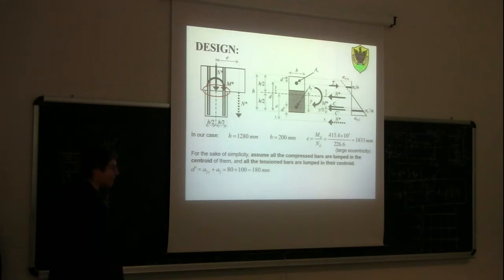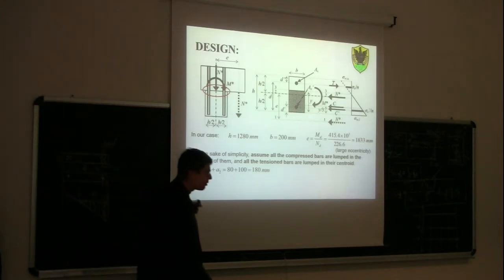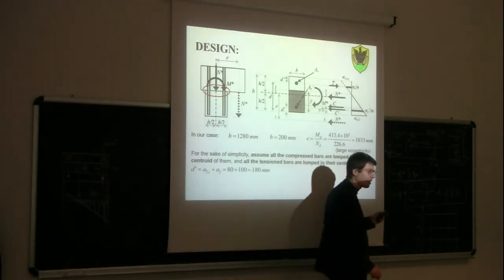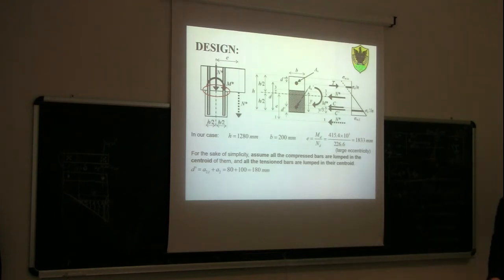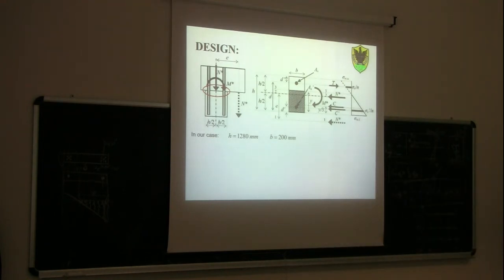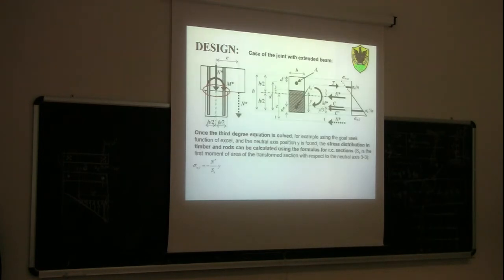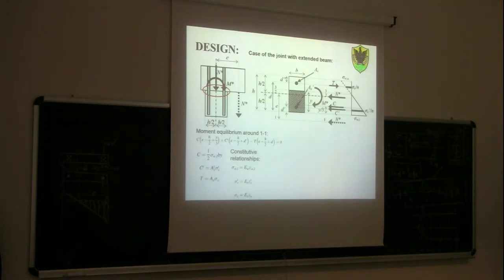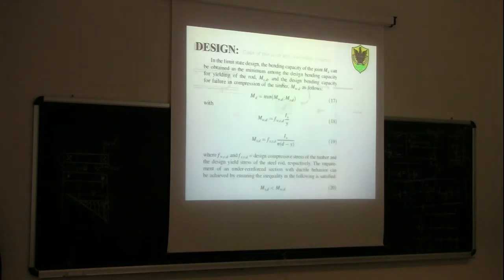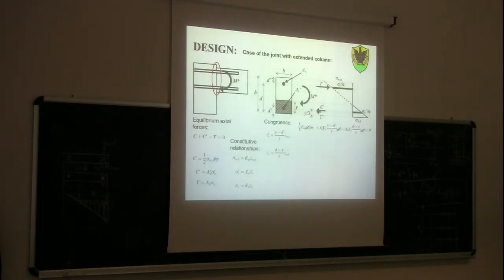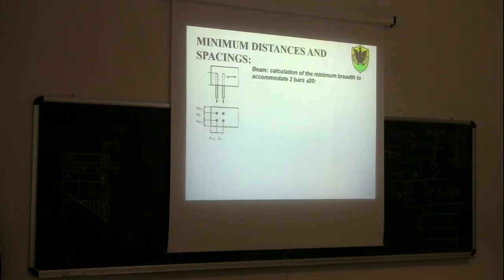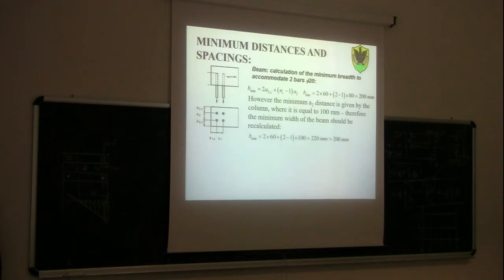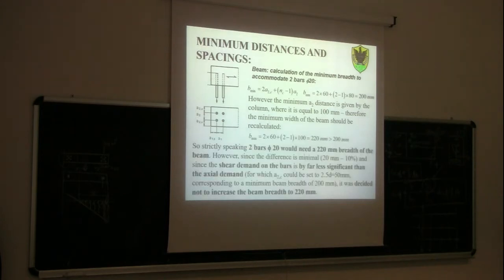Maybe yesterday, as a result of the preliminary design, we decided to use not 4 bars, but actually 6 bars. Let's check, because otherwise there is a mistake. If we go back, we need to see what was the result of the preliminary design. The first design was 2 bars, 20 mm diameter.